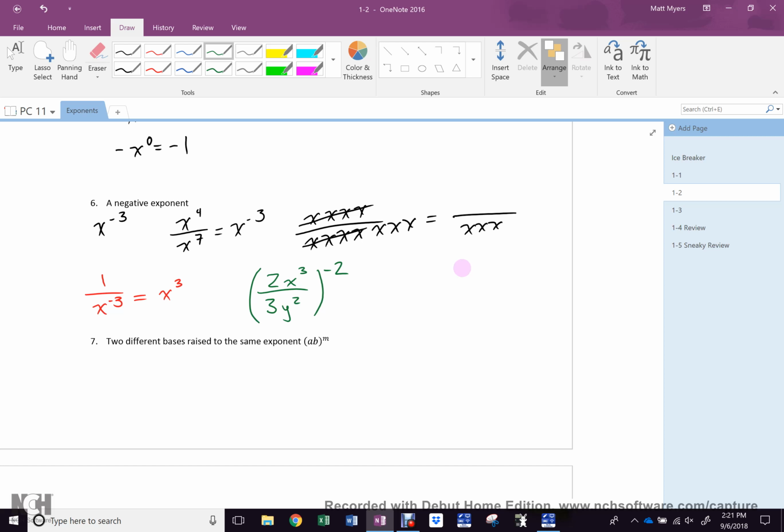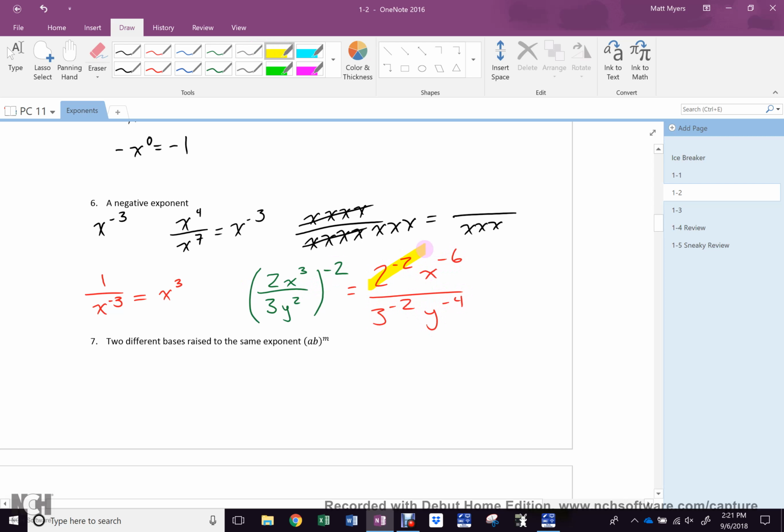If you can't remember it through the shortcuts, you can follow all the rules. Is this a fractional base? So does that exponent go to everything inside? So if we're going to do this in the longest possible way, the first step, that exponent goes to everything inside, correct? So it's 2 to the negative 2, x to the negative 6th, over 3 to the negative 2, and y to the negative 4. Agreed? Everyone's cool with that? Okay.